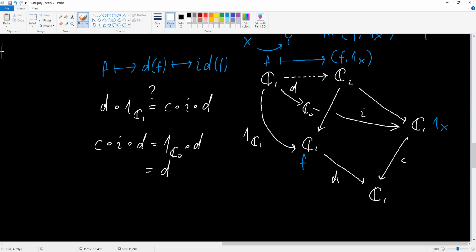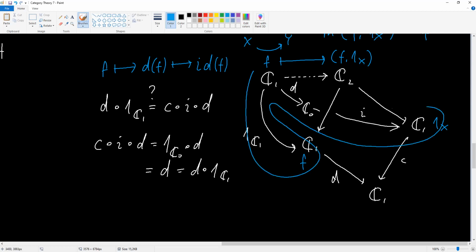That, of course, is D, and of course, D is the same as D composed with identity of C1. So this diagram here is indeed a cone over this one, and therefore, by definition of a pullback, we'll have such a unique morphism, which we are going to write as a pair.